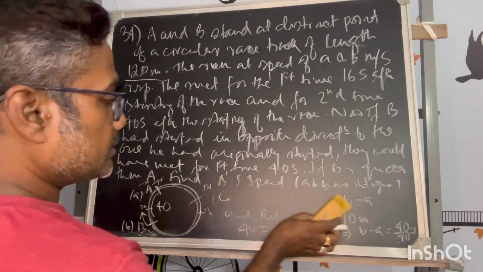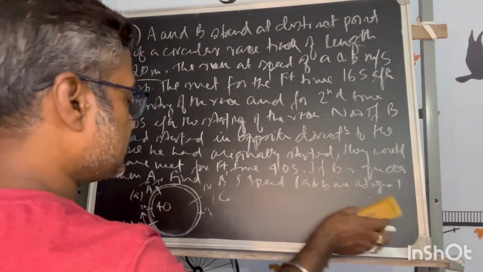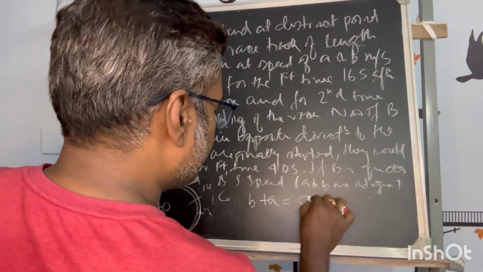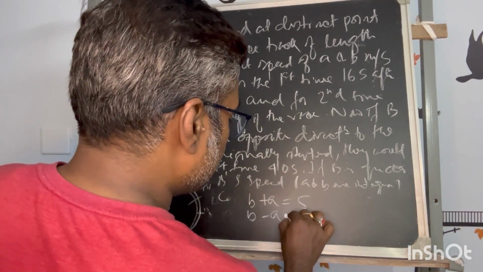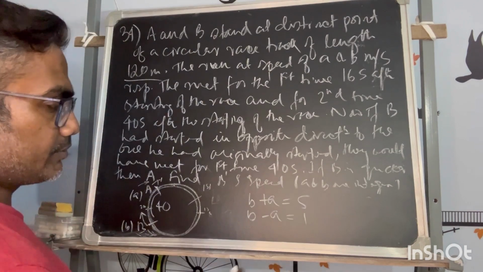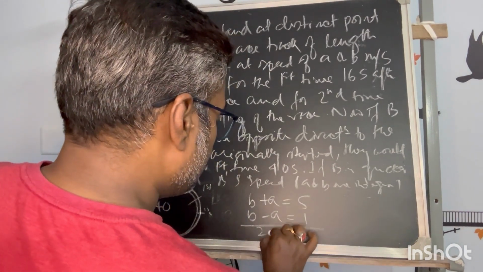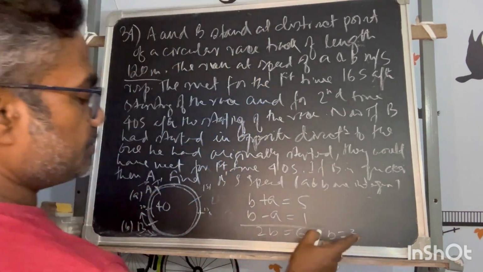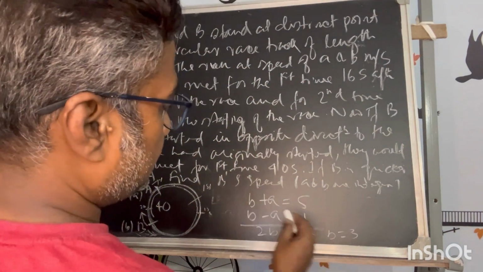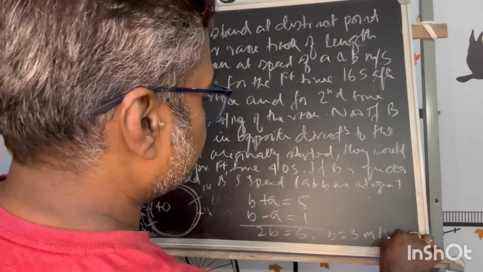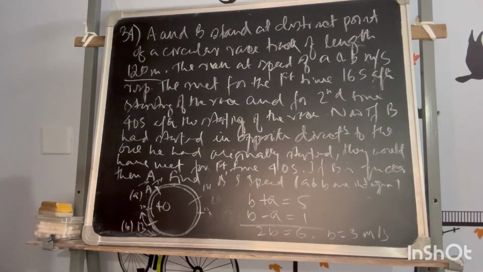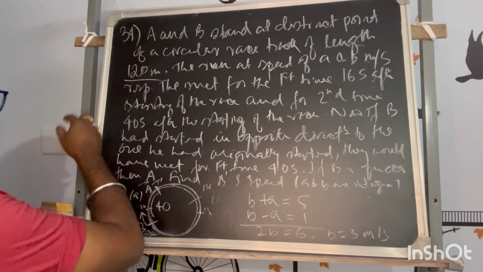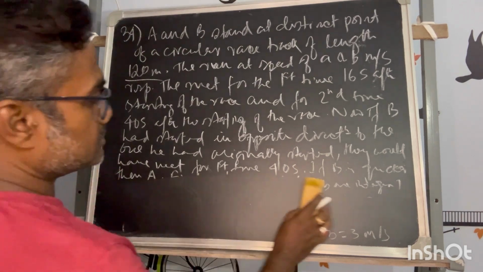From these two, the first equation is B plus A equal to 5 and B minus A equal to 1 from the second case. Now if you solve it, 2B is equal to 6 and B is equal to 3. As B is higher than A, B's velocity is 3 meters per second, this is your answer. Okay, understood? I will move on to number 35 in the next class.